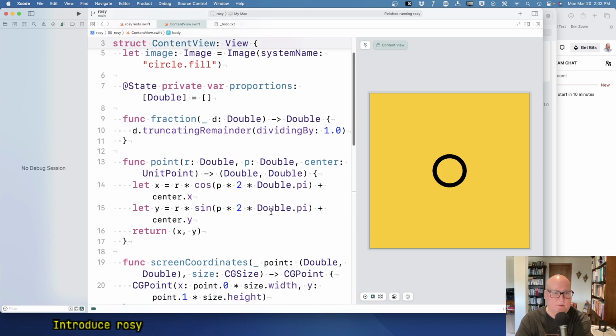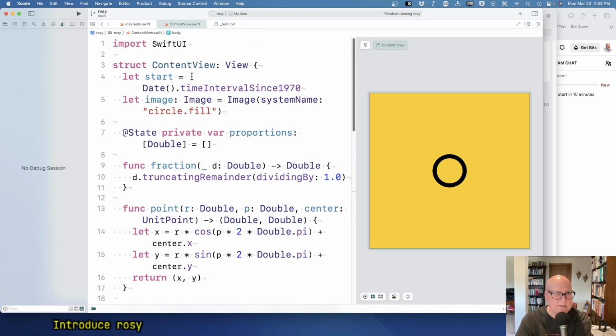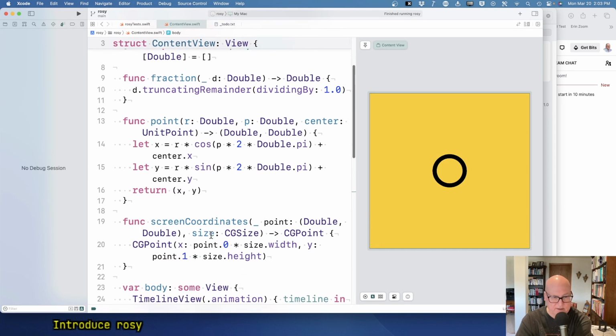Okay, so I think what it means is I want to define a structure for the whole circle. No, for those three things.